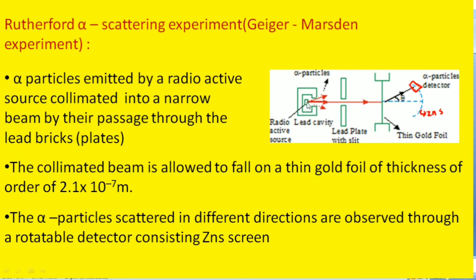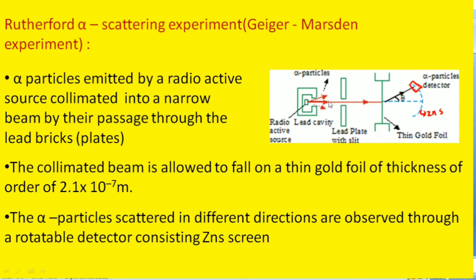Once again I will revise the setup. This is the source of alpha particles, a radioactive material. It emits alpha particles. They are made into a narrow beam by passing through the gap between the lead plates.